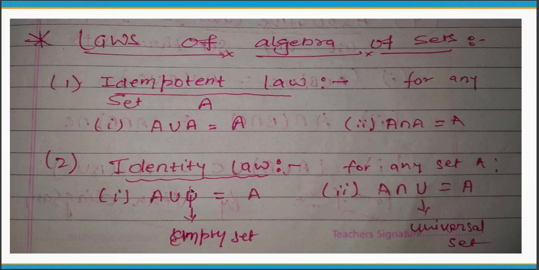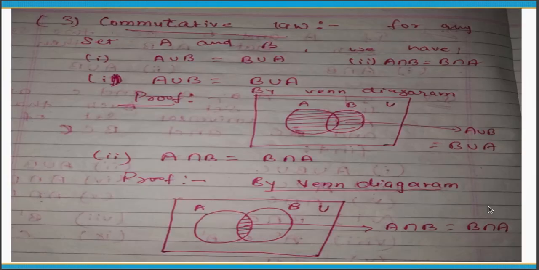For any set A, A union phi is A. When A is united with phi, the empty set, it does not lose its identity and remains set A. Similarly, if set A performs an intersection operation with the universal set, it does not change the identity of A and remains A. This is known as the identity law.